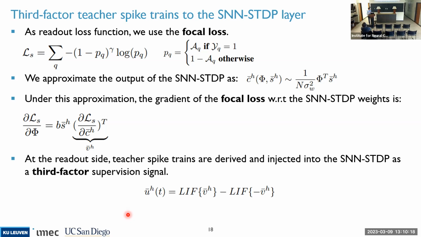As our loss function at the readout, we use the focal loss, which is a bit the same as the cross-entropy, but with the addition of this additional gamma exponent here. The focal loss is really interesting in cases where you have imbalance in your dataset. For example, in our case, in most situations that the drone will encounter, a human is not present.